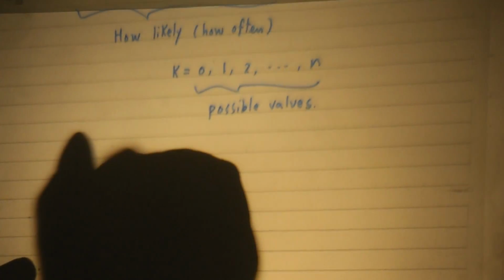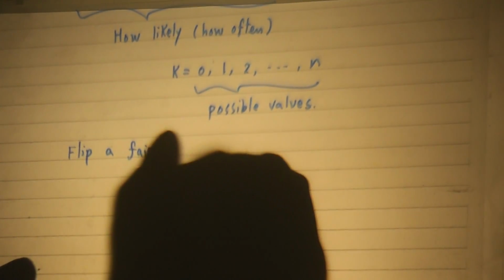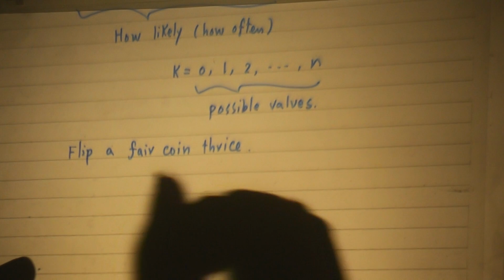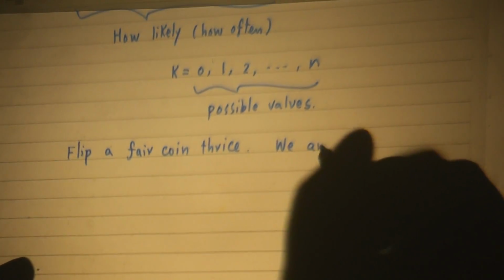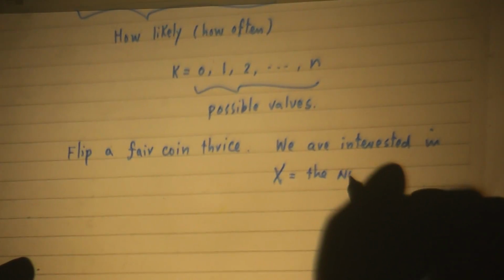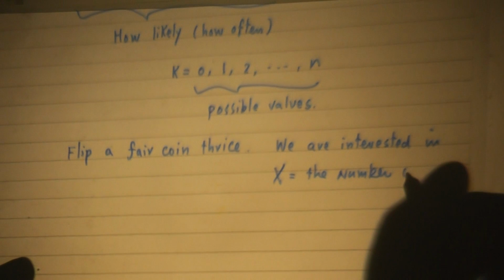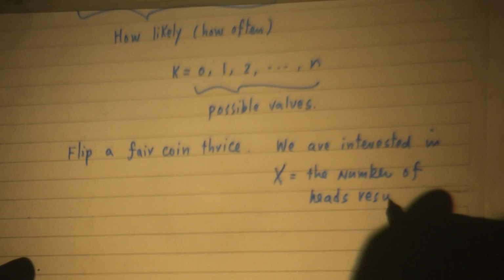For example, when I flip a fair coin 3 times, okay? In this case, if I'm interested in x, x is the number of heads resulting.